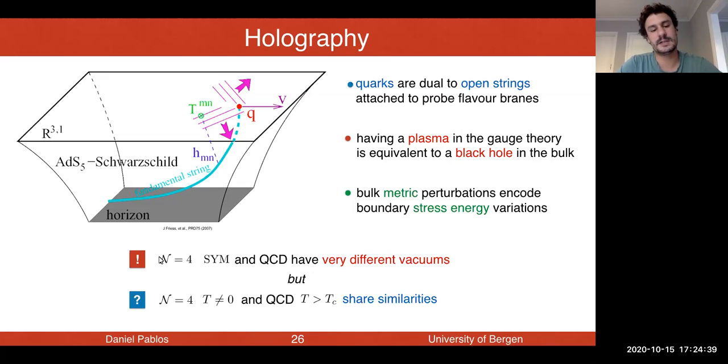Of course, most of these computations are done in N=4 super Yang-Mills, which is the simplest case or the most symmetrical one. This theory has a very different vacuum than QCD, but at finite temperature, N=4 and QCD above the pseudocritical temperature share similarities.